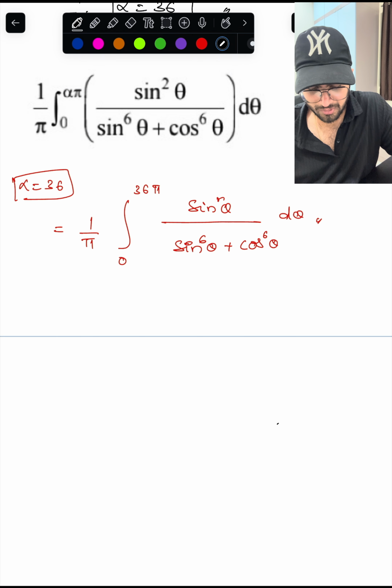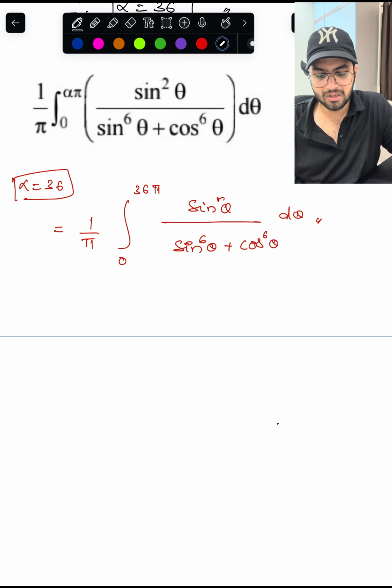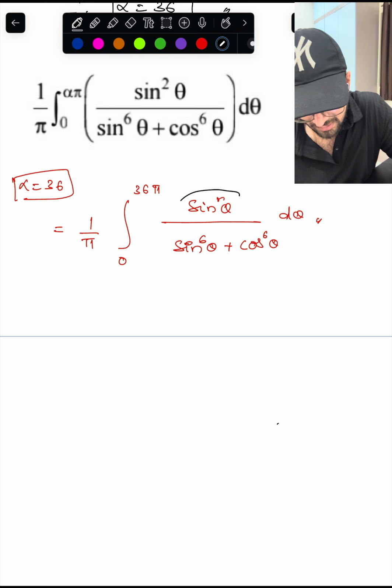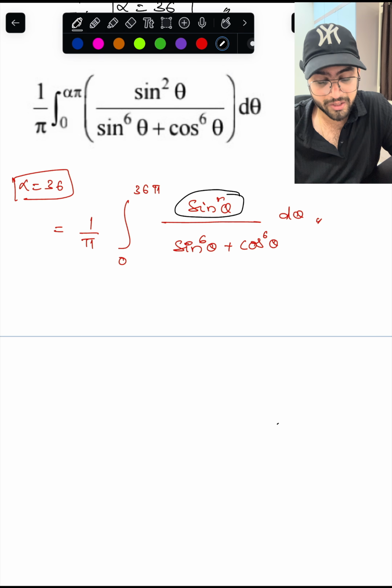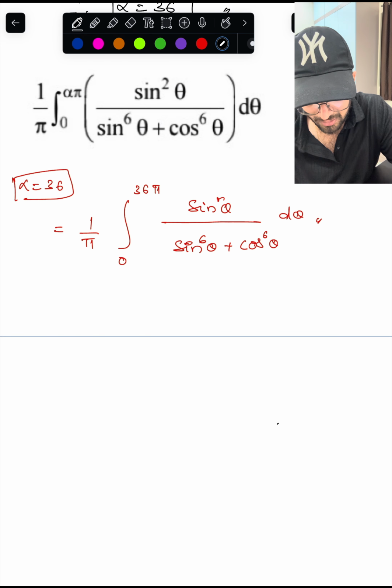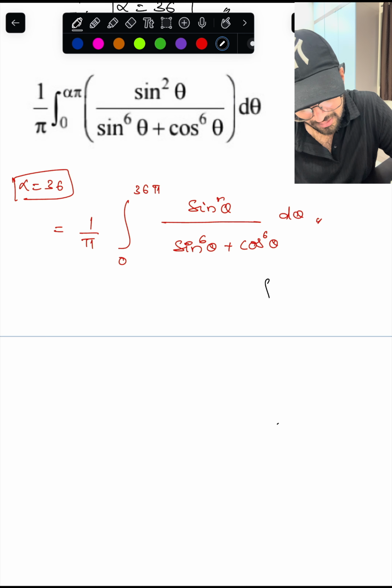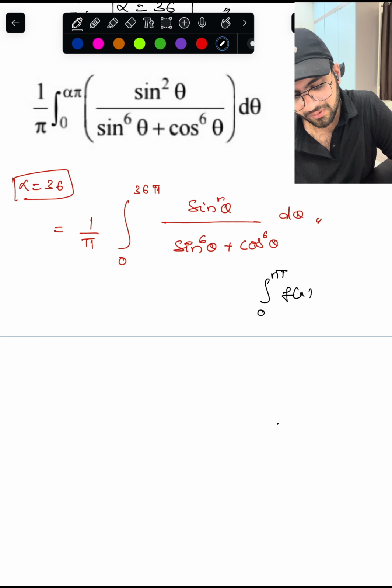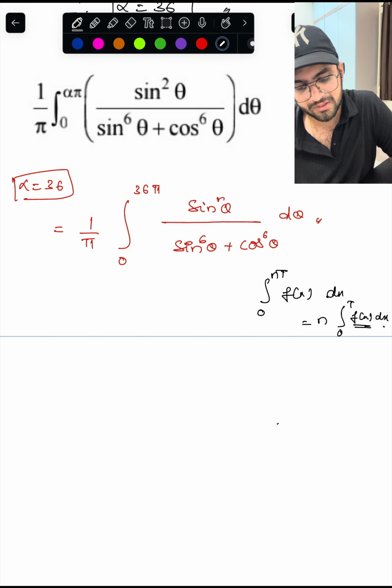Here I can reduce this integration using definite integral properties. Sine square theta has period pi, and this one also has period pi, and this one also has period pi. As the period is pi, we know the definite integral property: the integral from 0 to n t of f of x dx can be written as n times the integral from 0 to t of f of x dx if f of x is periodic with period t.